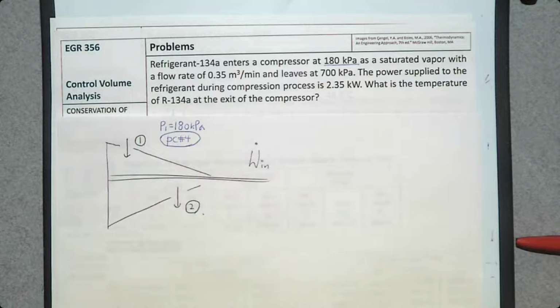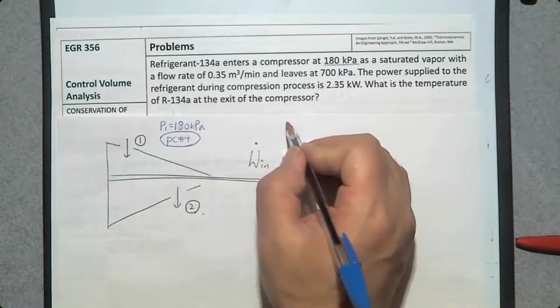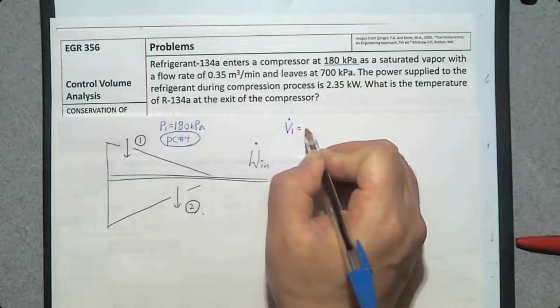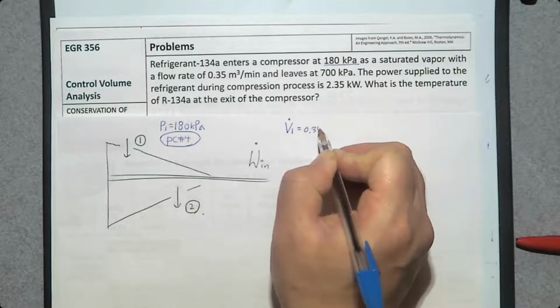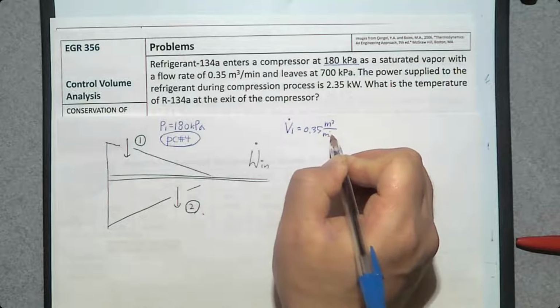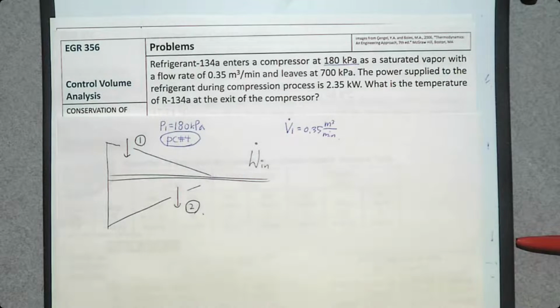And the flow rate. That's not mass flow rate, that's a volumetric flow rate, 0.35 cubic meters per minute. Now you know what to do. If you have a flow rate, you need to determine mass flow rate.